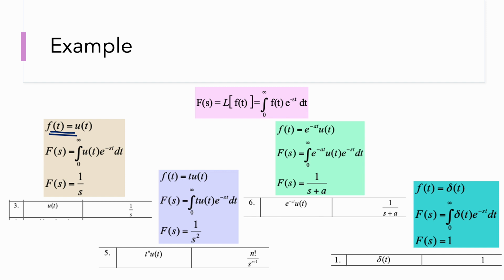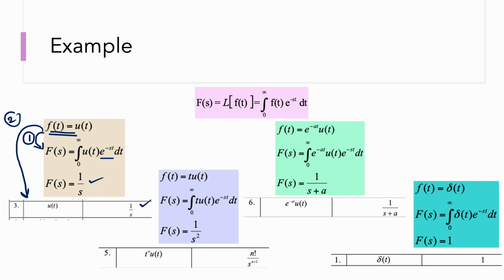So we can use the Laplace equation, the integration from 0 until infinity, of the equation multiplied with exponential negative st dt, and we will get 1 over s. We can also use the table. We can use the equation or the table. This is the first method, this is the second method, and you will get the same answer.